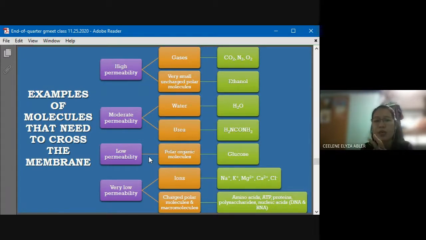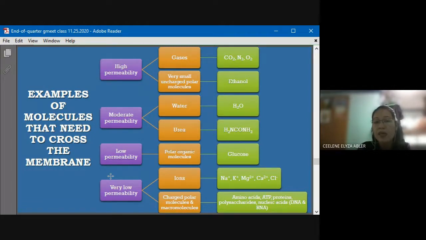We have the low and the very low. The low ones are the polar organic molecules. You have your glucose. In the glucose class, this is where active transport comes in. It requires energy to enter the cell.